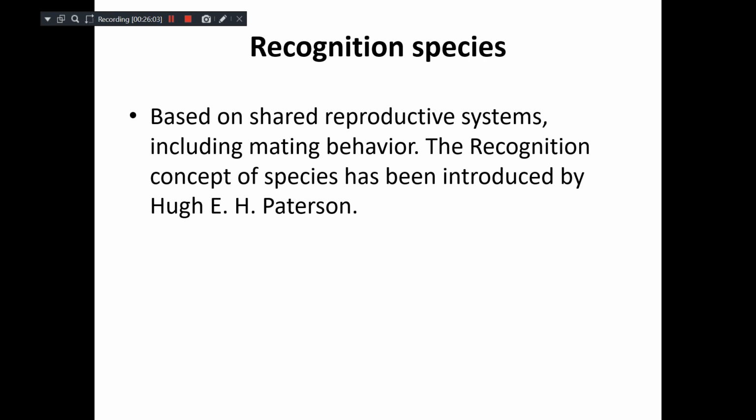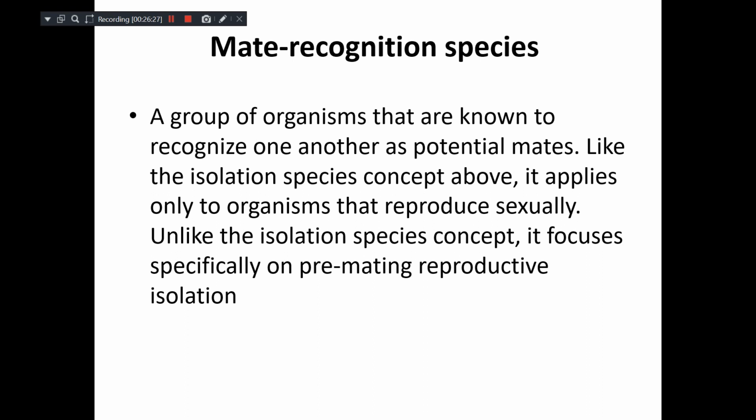Such species are known as recognition species. This recognition species concept was introduced by Paterson. If one individual recognizes the other as a potential mate because of the common mating behavior, then these two become the same species. That is the mate recognition species, as it is also known.